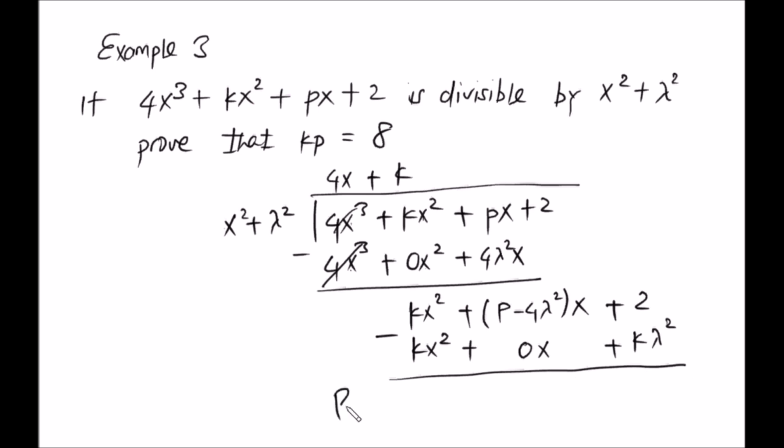So my remainder now, kwanza sana tutakuwa tuna p minus 4 alpha squared x plus 2 minus k alpha squared. So kwa sababu ni divisible, manake remainder sana 0. Kwa hiyo p minus 4 alpha squared x jumlisha 2 minus k alpha squared ni sawa na 0.